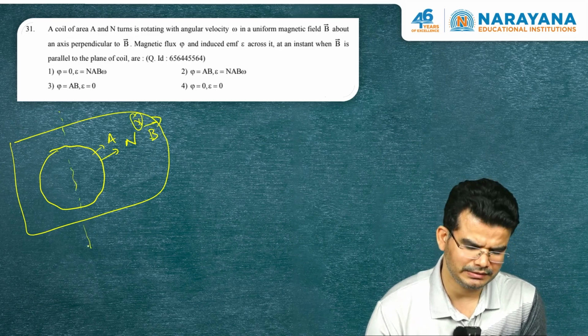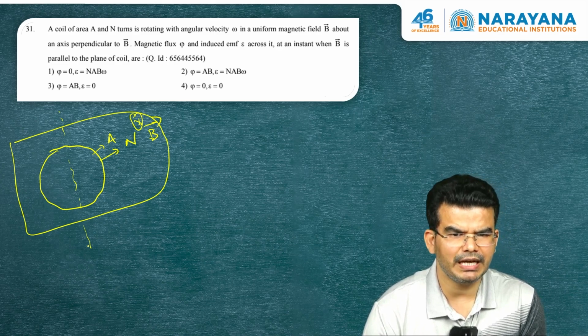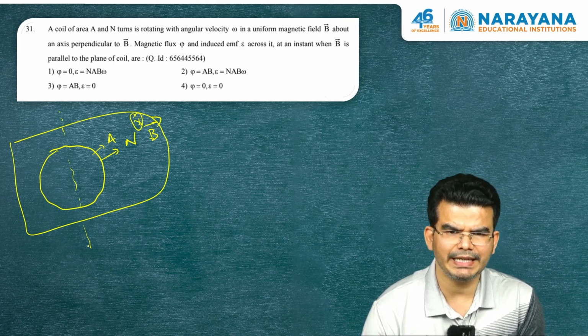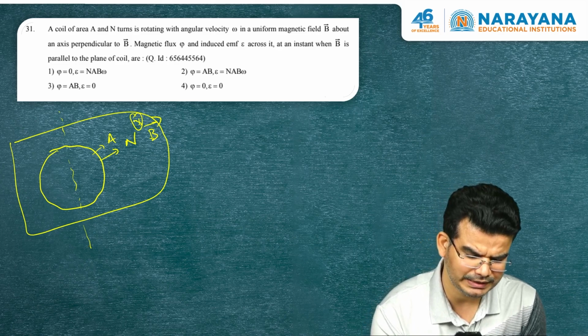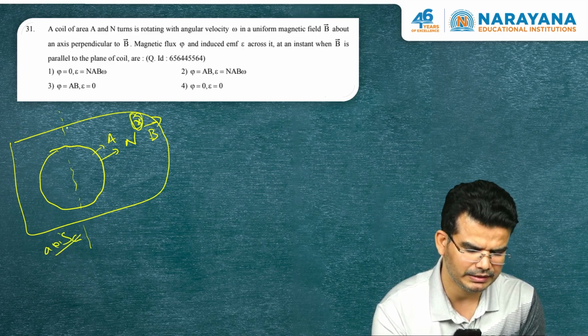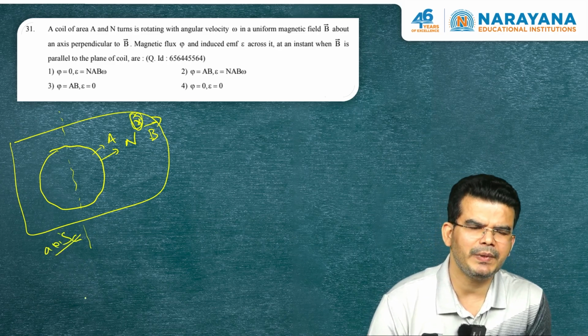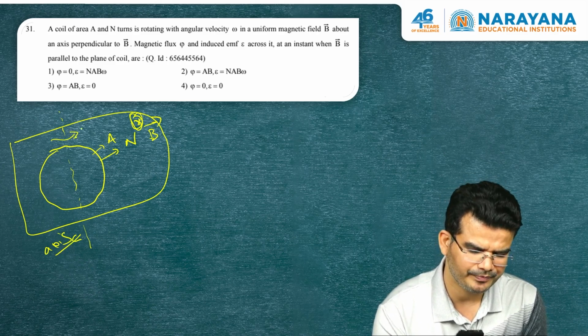So, I think it is exactly your simple case. The magnetic field is inside and this is your axis. The axis line is perpendicular to the magnetic field. So, it is rotating about this with some omega.